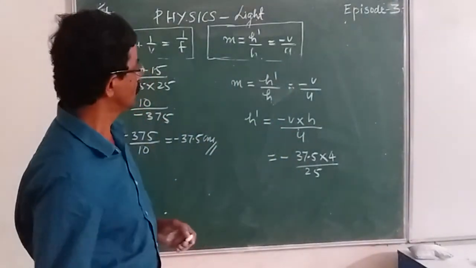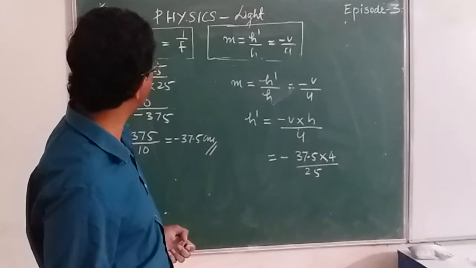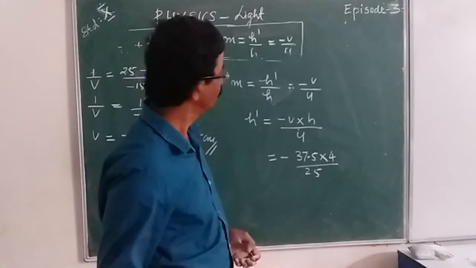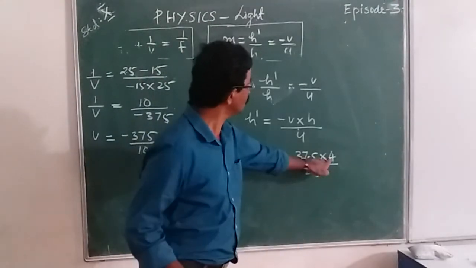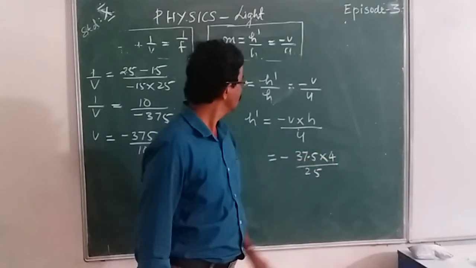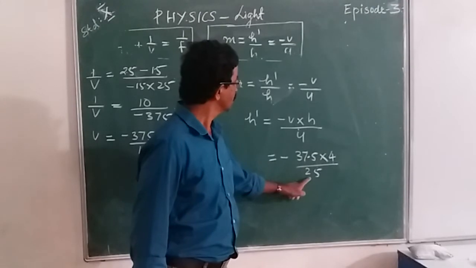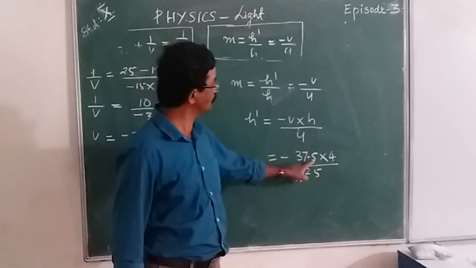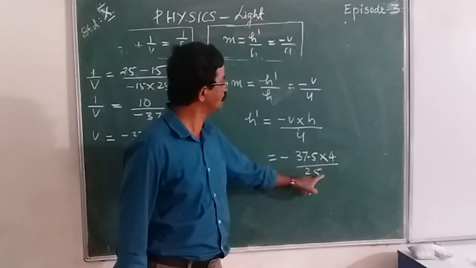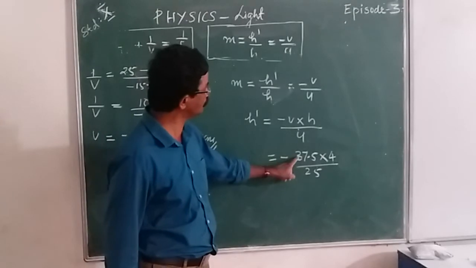Once again, what are the terms given? v given, u given, and this 4 is the height of object. By simplifying these terms, minus 37.5 into 4 divided by 25, we get the value.